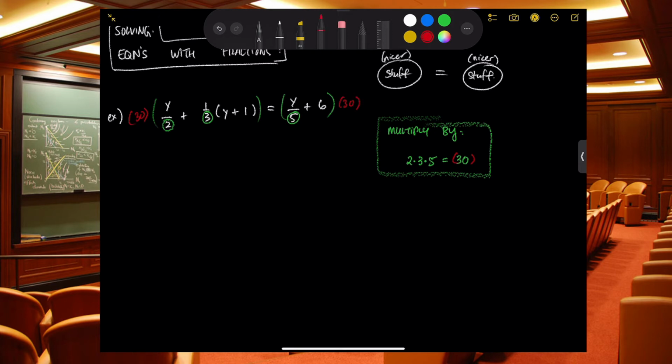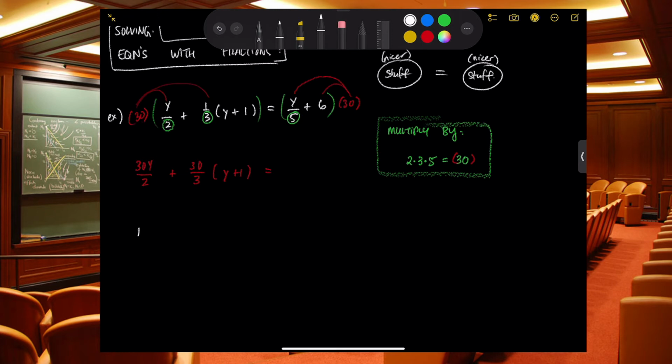So let's see why that happens. When I distribute through a 30, let's start on the left. 30 times y over 2, 30y over 2, plus 30 times a third is 30 thirds, y plus 1. Let's just stay on the left for a second. 30 divided by 2, that cancels. That's what we want to have happen.